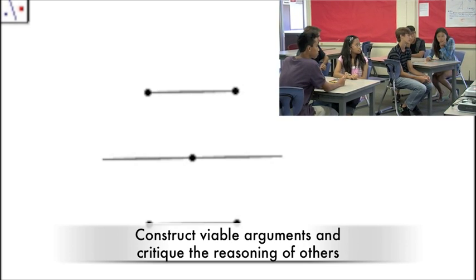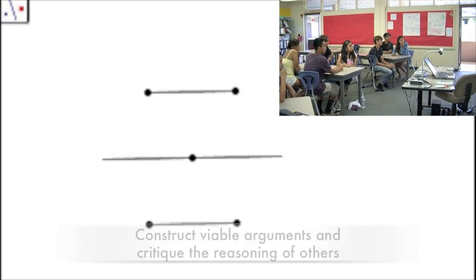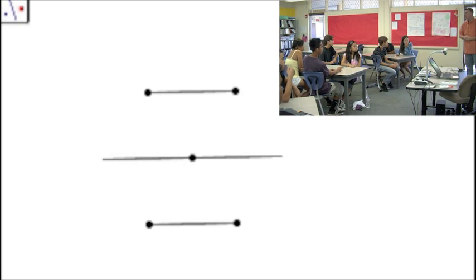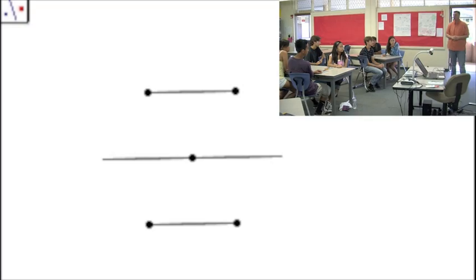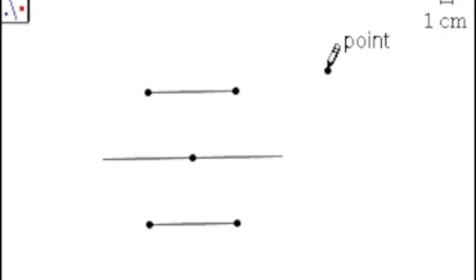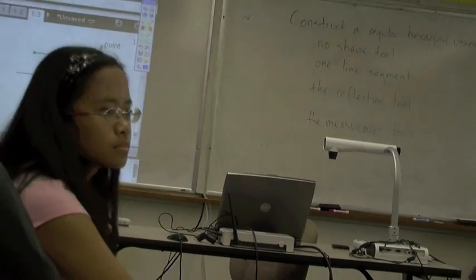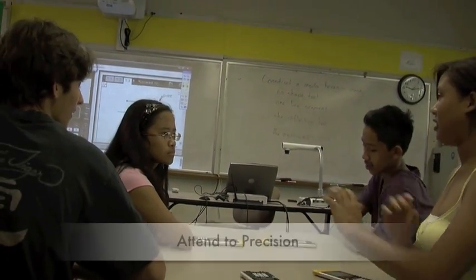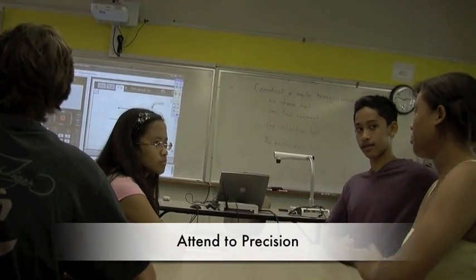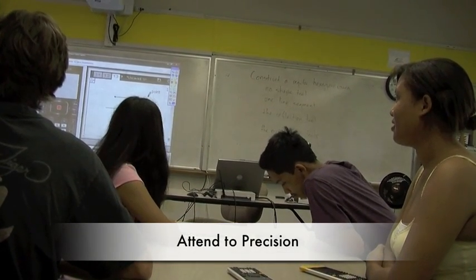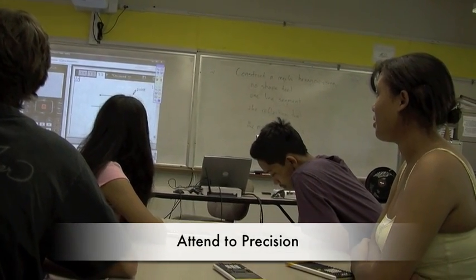Is that true? Okay, what else do we think? Do we foresee any problems that he might run into? Did you guys run into any problems while you were making it? Yeah. What issues did you run into? We had a hard time reflecting the lines, because when we connected the points, it didn't actually turn out to be symmetric when we reflected it over.